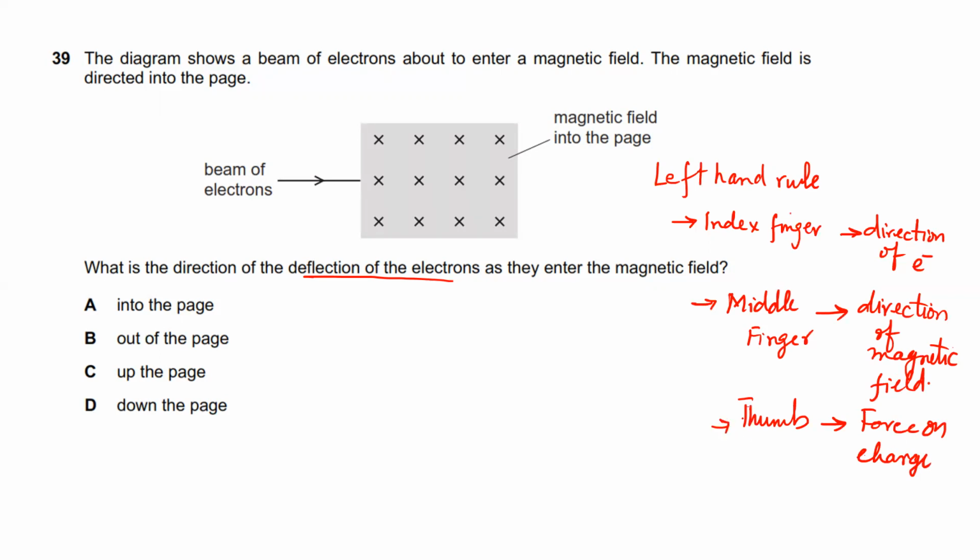So if the index finger is pointed towards the direction of electron beams, the middle finger is going into the page, and then your thumb will be pointing downward. So deflection of electrons into the page, no, because magnetic field is into the page. Out of the page, no. Up the page, no. Down the page, yes. So answer D is the right choice we have.